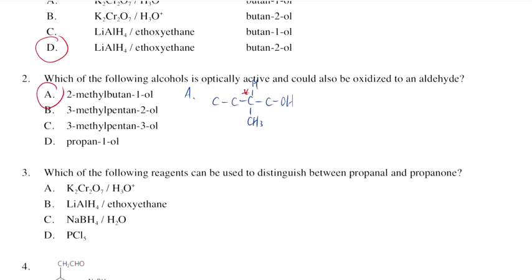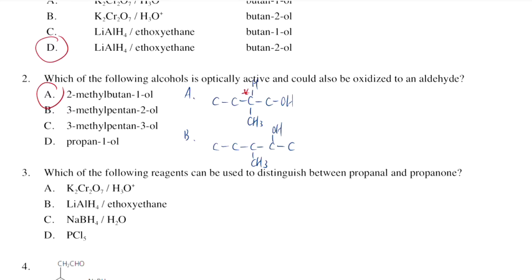Let's go through the rest of the choices and double check our answer. For part B, we have 3-methylpentan-2-ol. Let's draw the carbon chain first, and then we have pentan-2-ol, so the OH group at the second carbon, and the methyl group at the third carbon. Again for this one, you can find the chiral carbon.